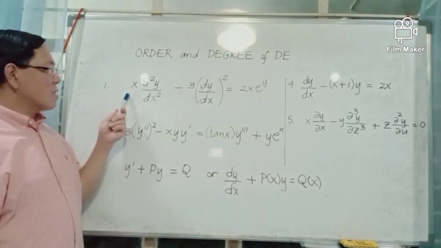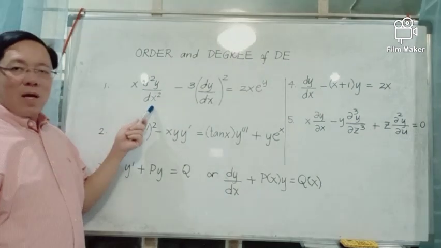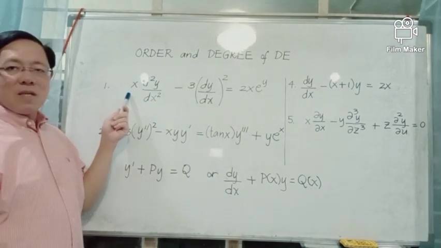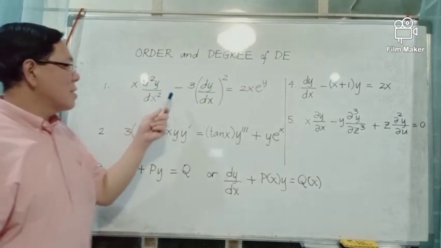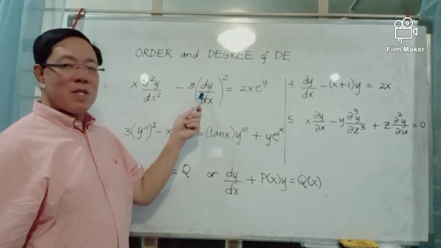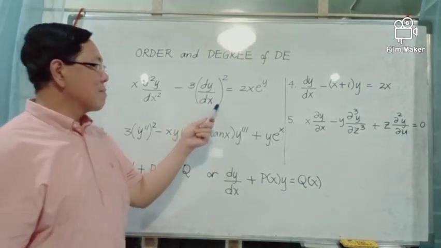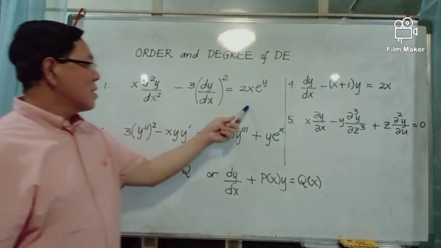Number 1: x times the second derivative of y with respect to x, minus 3 times the square of the first derivative of y with respect to x, equals 2x times e to the power y.